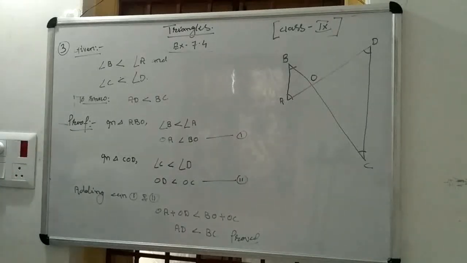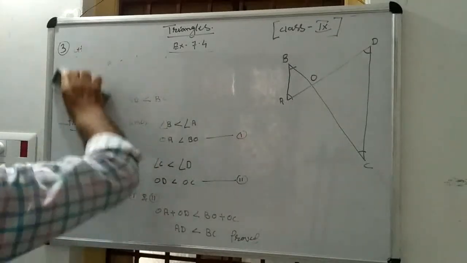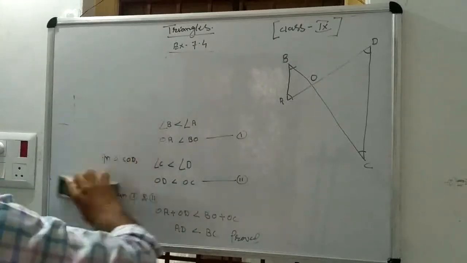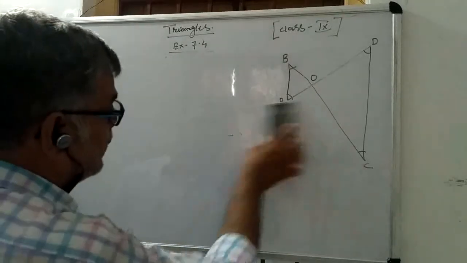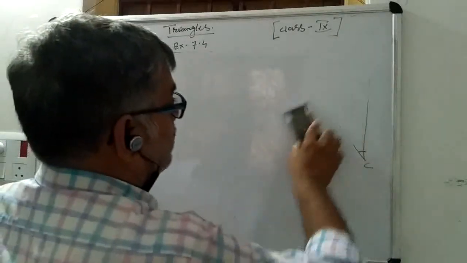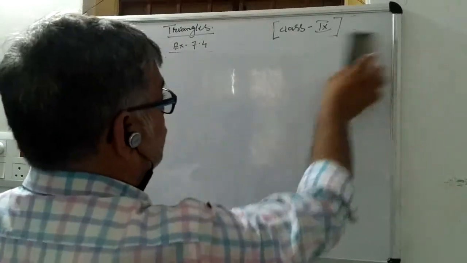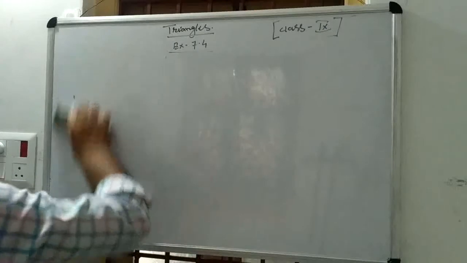Now let's see the next question, that is question number 4. The fourth question again has a figure given, so first we will draw its figure and thereafter we will try to solve it.